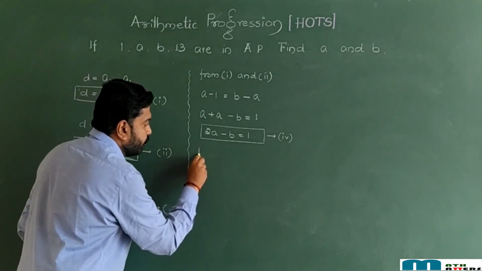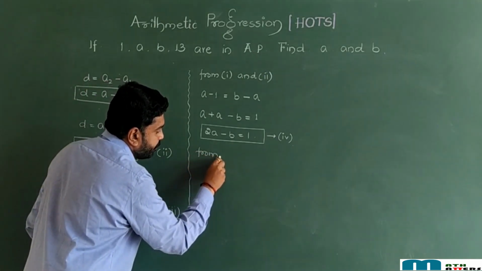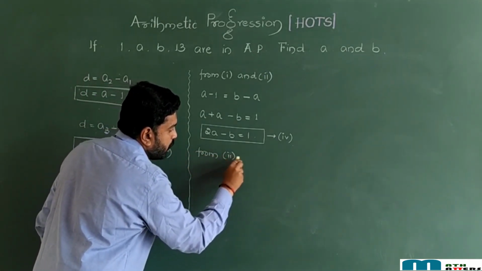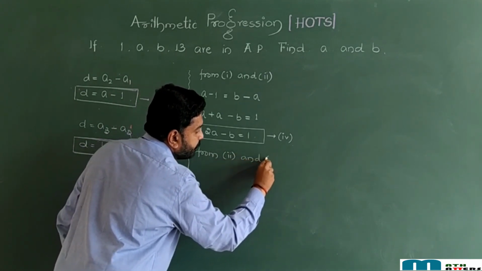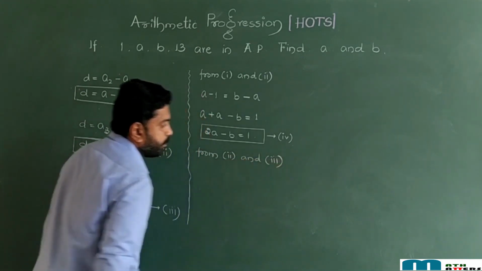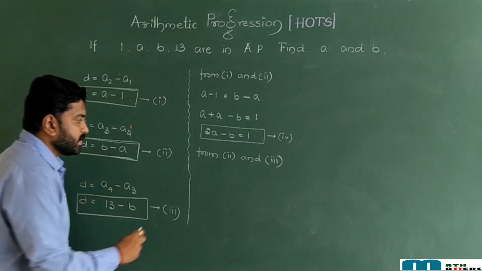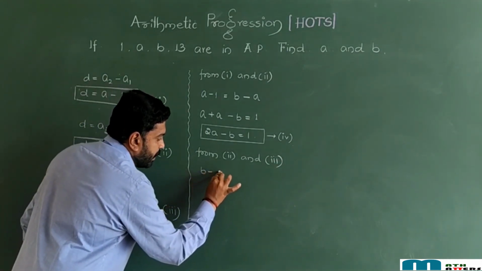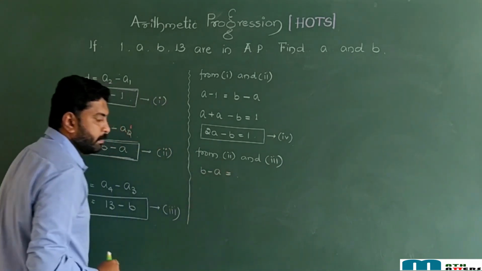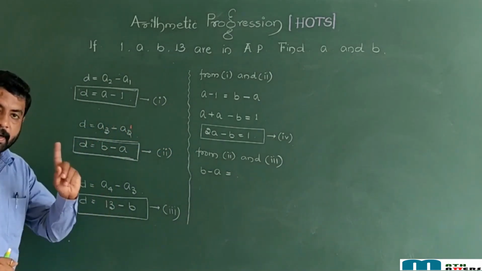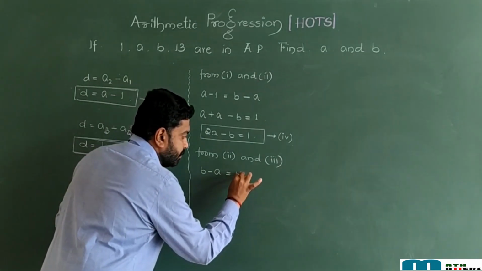Similarly, now from 2 and 3, I will equate these two equations. b minus a is equal to 13 minus b.